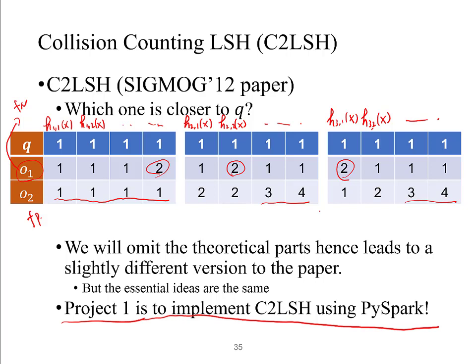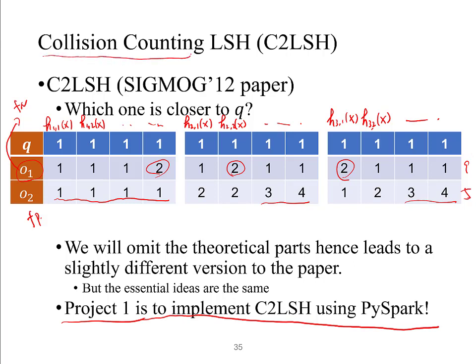But LSH does not consider that for O1 the total number of matched hashes to the query is 9, and for O2 it's just 5. This statistic is ignored by the original LSH.